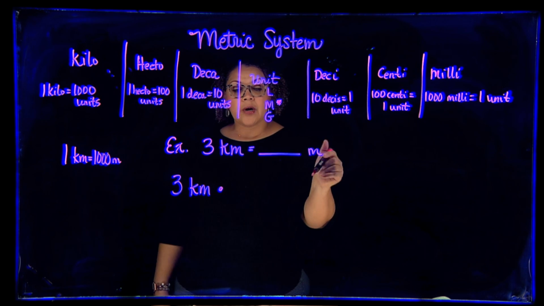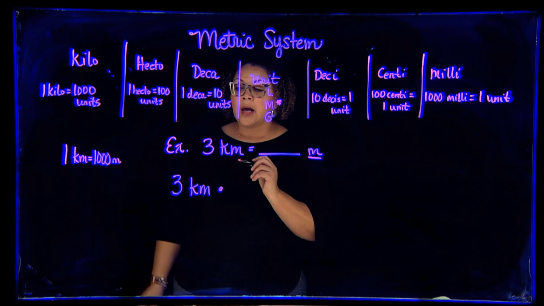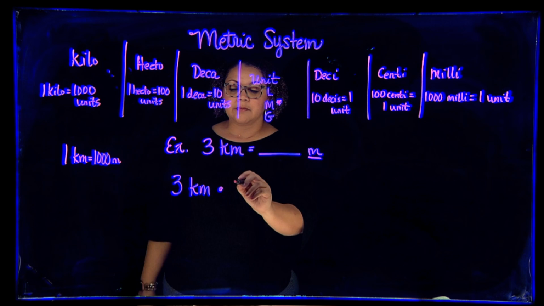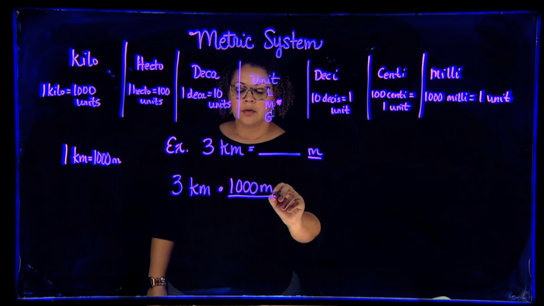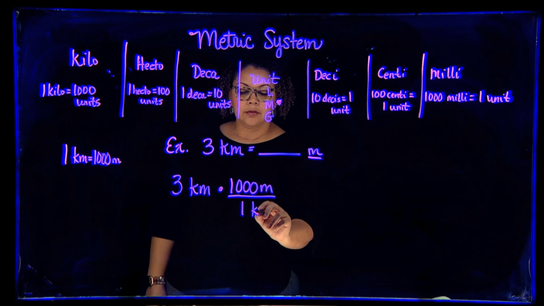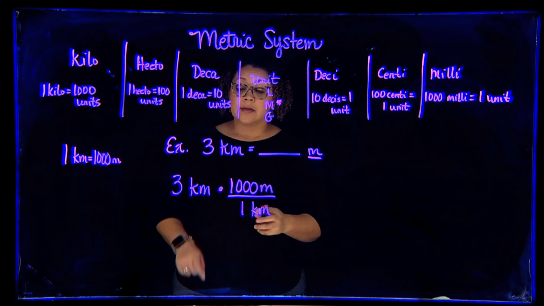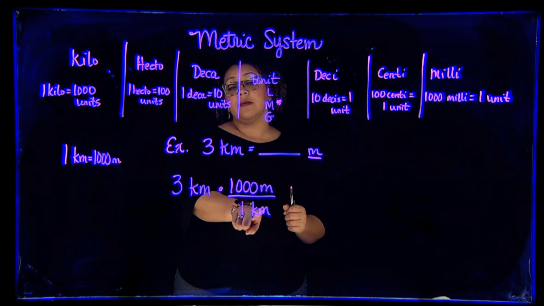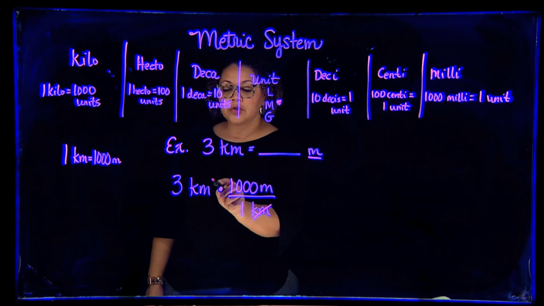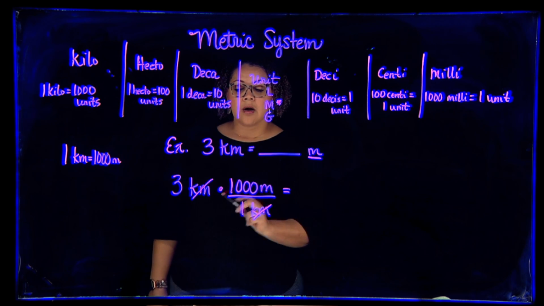So since I'm trying to convert to meters, I'm going to put the 1,000 meters in my numerator over 1 kilometer so that the kilometers in the numerator of the 3 kilometers will reduce out with the kilometers in the denominator of my ratio, and now I can solve.